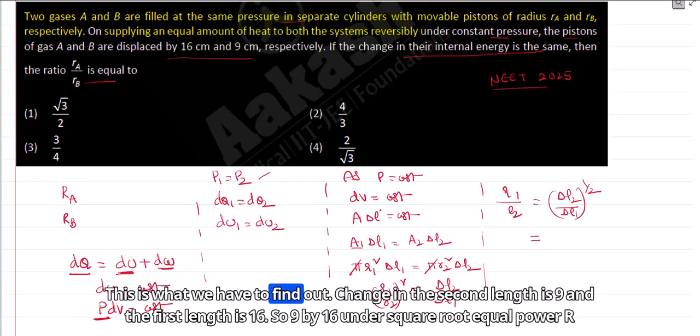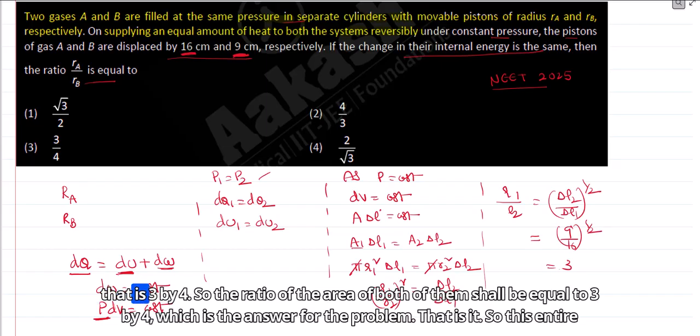This is what we have to find out. Change in the second length is 9 and the first length is 16. So 9 by 16 under square root, whole power half, that is 3 by 4. So the ratio of the radii of both of them shall be equal to 3 by 4, which is the answer for the problem. That's it.